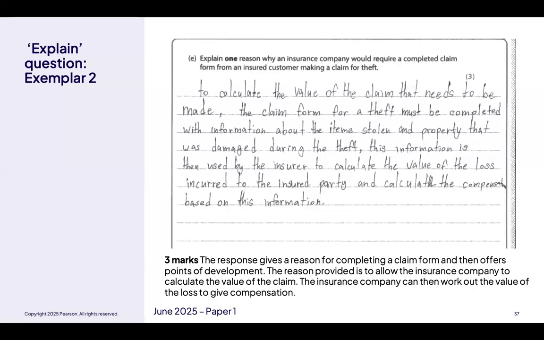So the response gives a reason for completing the form and then offers points of development. The reason provided is to allow the insurance company to calculate the value of the claim. The insurance company can then work out the value of the loss to give the compensation. So hopefully that's useful. And you can see where from that point there are those linked strands of development.